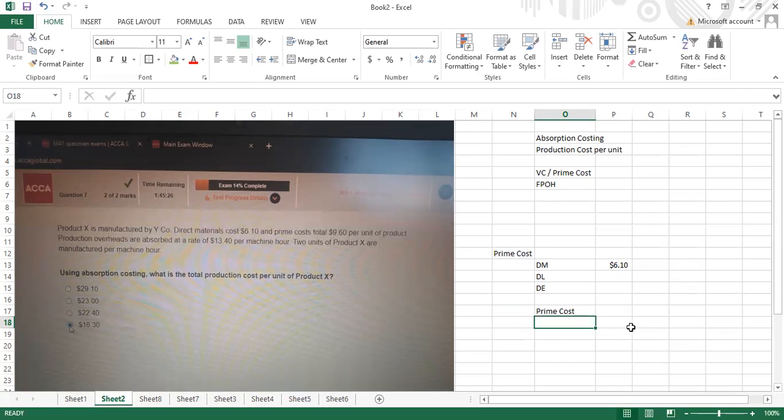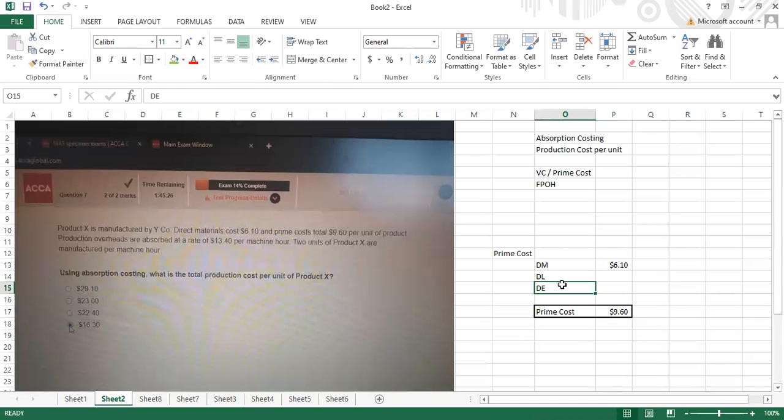You know that if we add these three up, we get the prime cost, and it is already telling you that 9.6 is your prime cost. Sometimes direct material is not given, but direct material and direct labor are always there. So 9.6 is your prime cost.